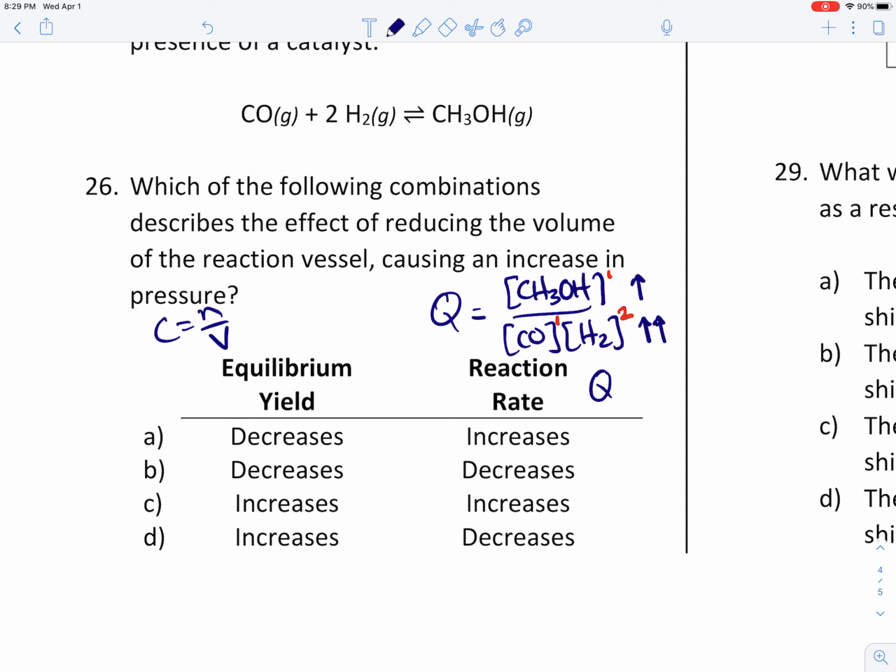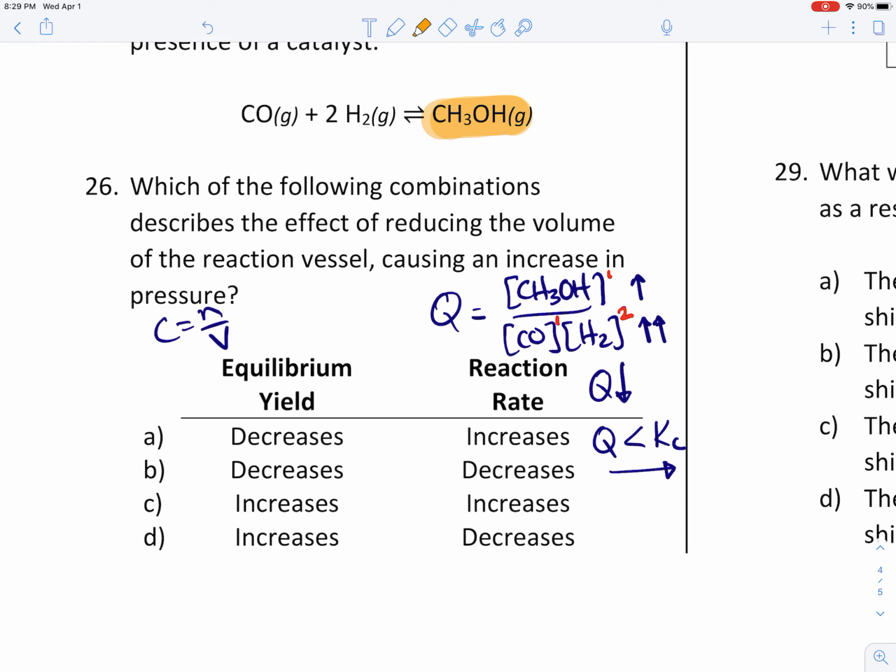So Q will decrease. If Q decreases, Q is going to now be less than Kc, which creates a forward shift in equilibrium, and that means we're going to make more methanol. So the yield will increase. So we're looking for choice C or D, the equilibrium yield has increased.